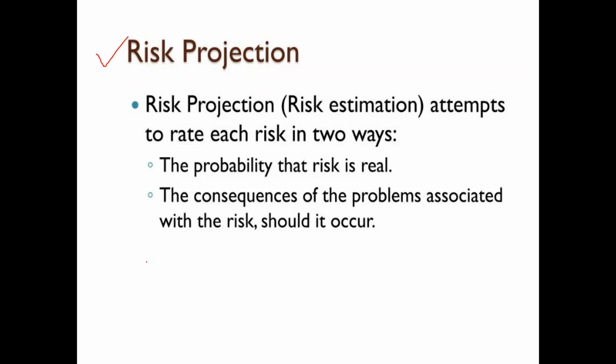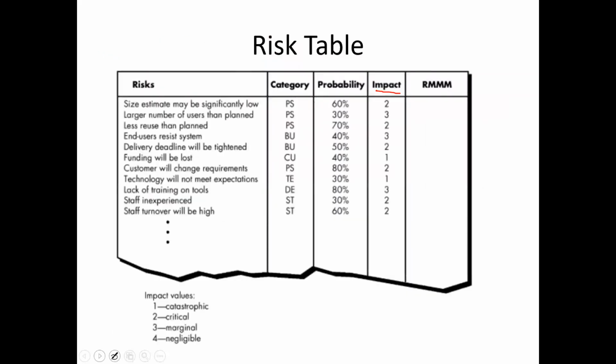What will the risk table contain? The risk table will be like this. This is the list of risks I have prepared, and the category also I have given, which I identified in risk identification. Here the impact factor I have also decided. For catastrophic, I am giving 1. I have not given 0 as any impact factor.